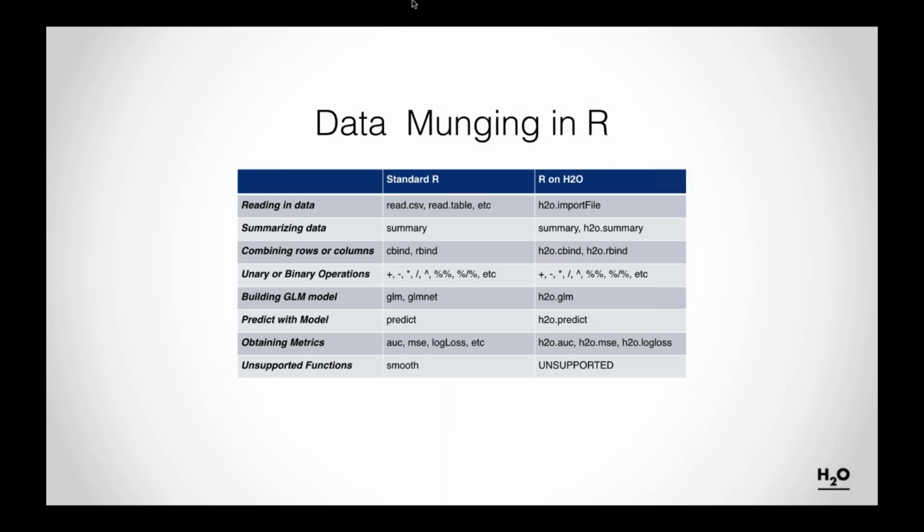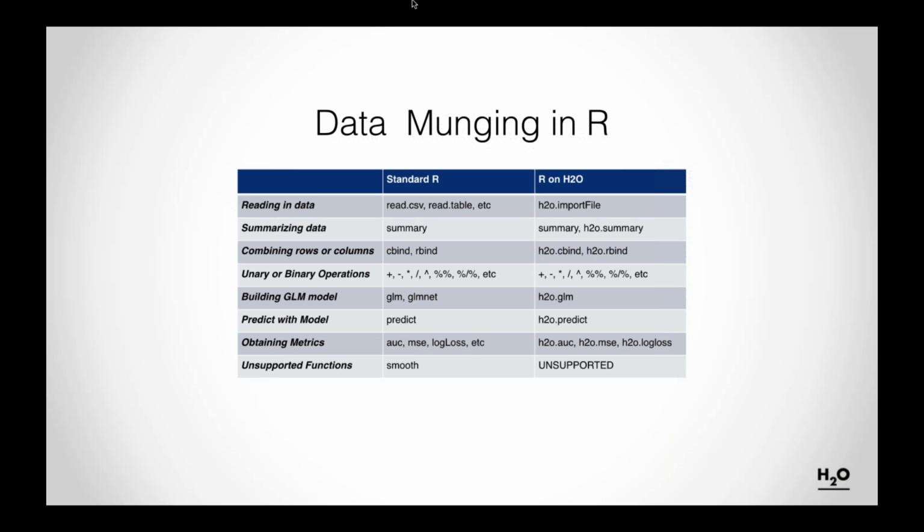These are the functionalities you would expect to have parity for in H2O and R, and this works for Python as well. Instead of read.csv in R, you would use h2o.importFile. Instead of summary, we actually overload the summary method, but for things like cbind and rbind on a data frame, we've prepended h2o, so you have to use h2o.cbind or h2o.rbind on an H2O frame.